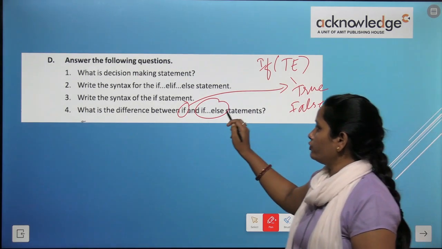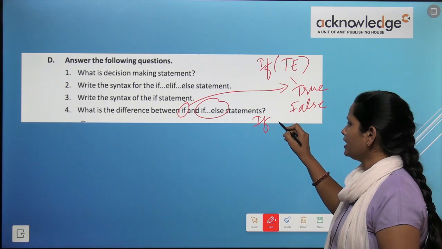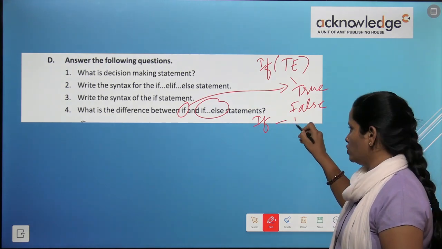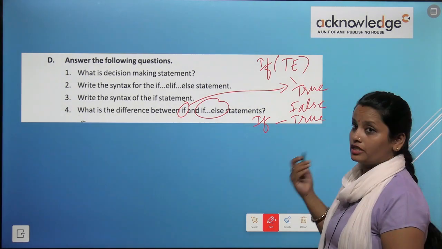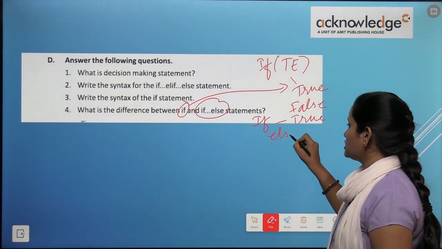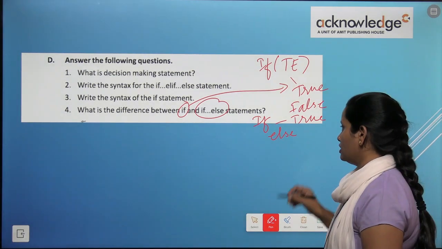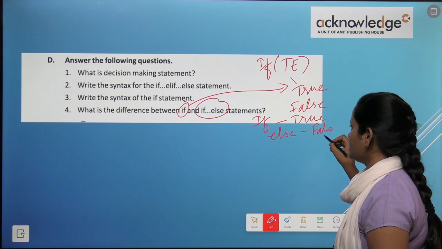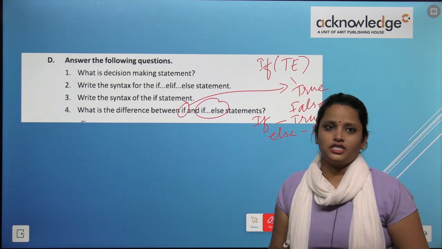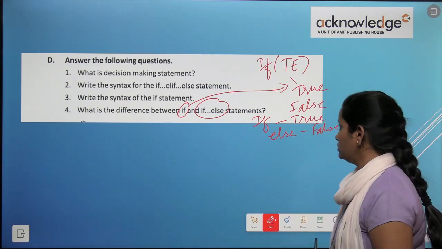And in the case of if-else, if the condition is true, then it will be evaluated, and if it is false, then the else block will run. So this is the difference between the if and if-else statements.